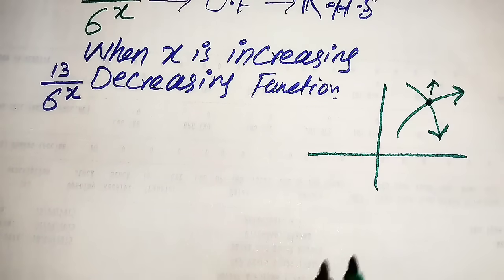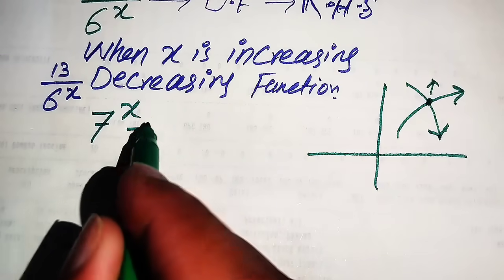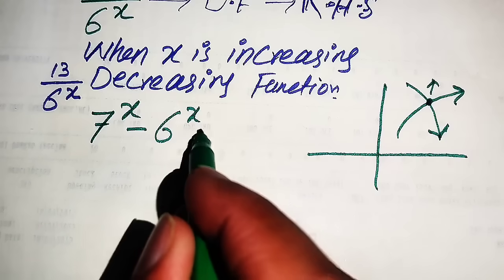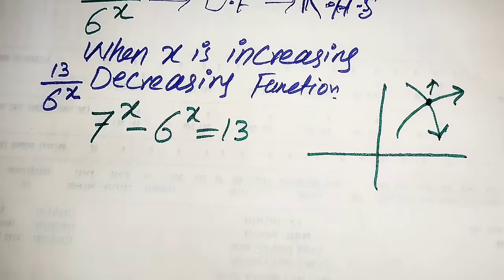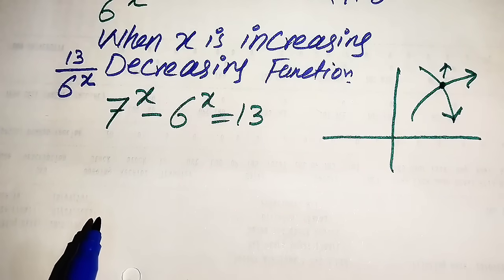So in order to find this point, we need to copy down the given question statement. Here it is 7 to the power of x minus 6 to the power of x is equal to 13. This is our given question statement, and here we just find the value of x by inspection.